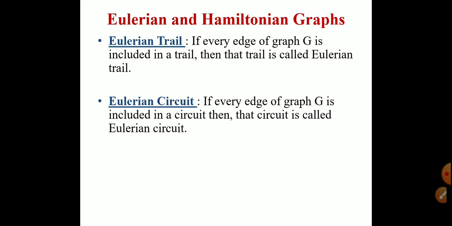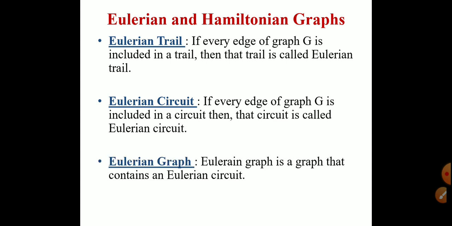Eulerian circuit: if every edge of graph G is included in a circuit, then that circuit is called Eulerian circuit. Now what is an Eulerian graph? An Eulerian graph is a graph that contains an Eulerian circuit.